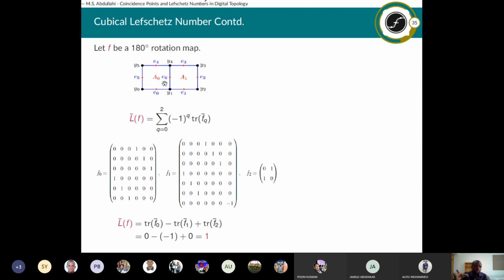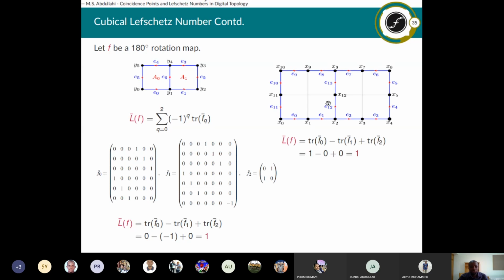But when we do the 180-degree rotation, this A0 will go to this A1 and A1 will go to this A0. Sorry, A0 moves to A1 and A1 moves to A0. And if we take the trace, it's going to be 0, and it does not change the Lefschetz number. We end up having 1.